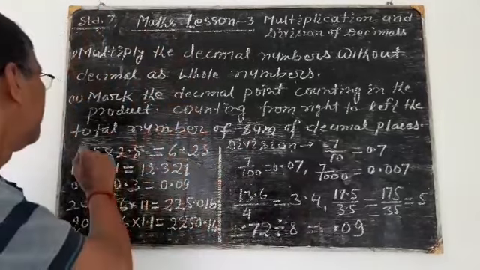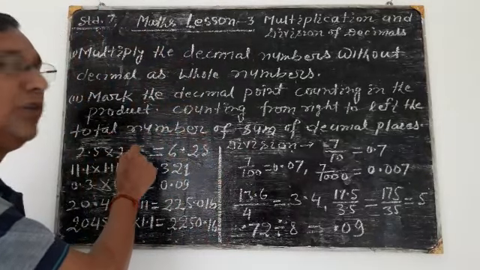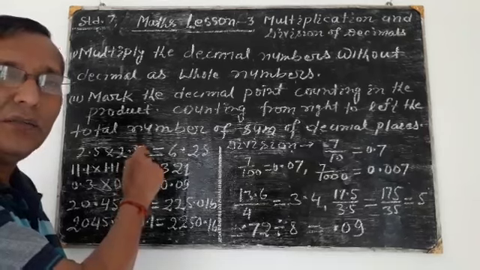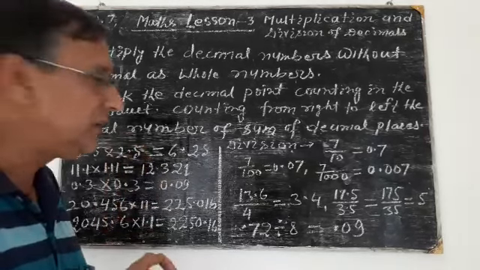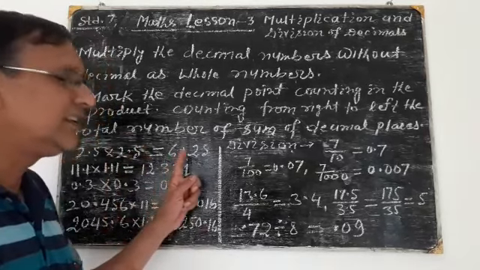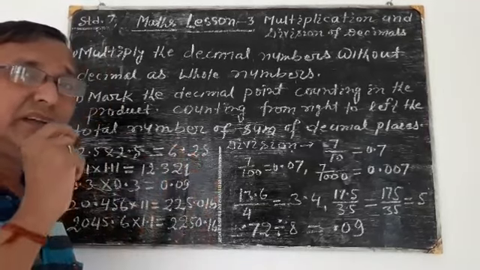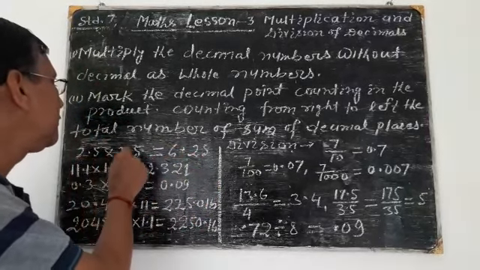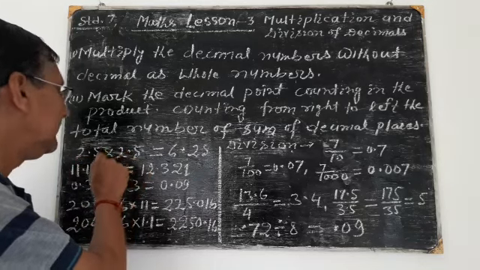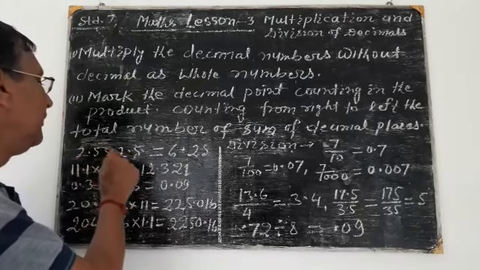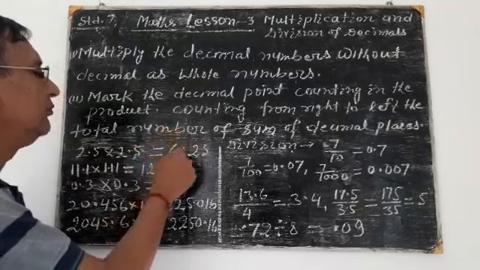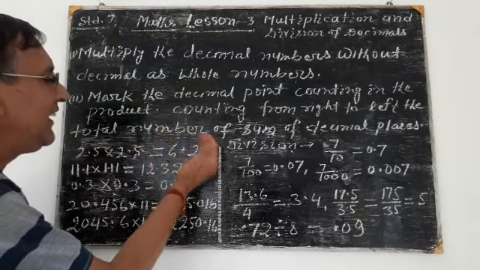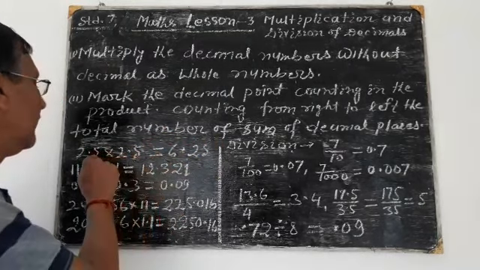We have 2.5 into 2.5. You know that multiplying 25 by 25 is equal to 625. But we have to multiply 2.5 into 2.5, so the decimal will be inserted from right to left: 1 and 1, 2.